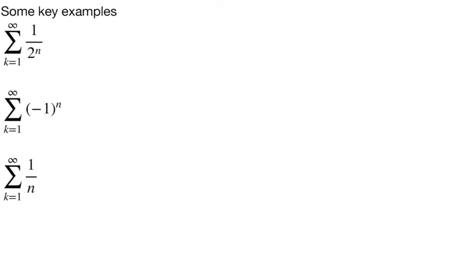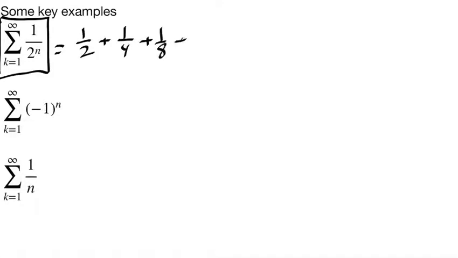So let's start with some key examples and think about the partial sums for each one. The first one we'll do is 1 over 2 to the n. This series is 1/2 plus 1/4 plus 1/8 plus 1/16 plus, and you can see that this is going to keep going on and on. But let's ask, what are our partial sums?